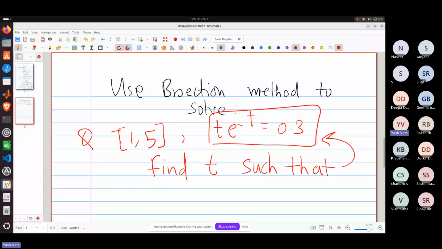Just do the same process, define your f, and tell me what is the value of t. You have to do it till the second iteration. I'm going to see that, and let's do that in 5 to 7 minutes.